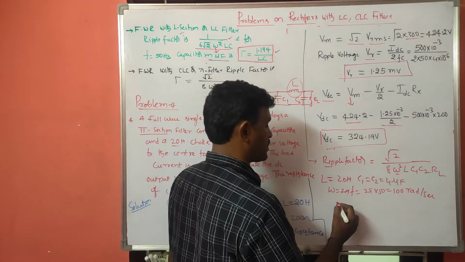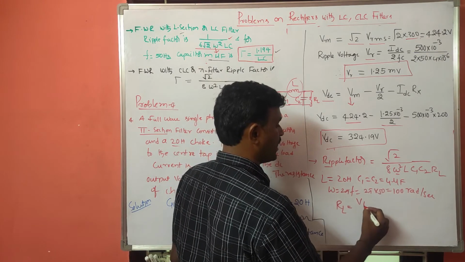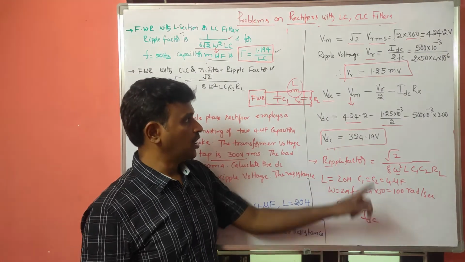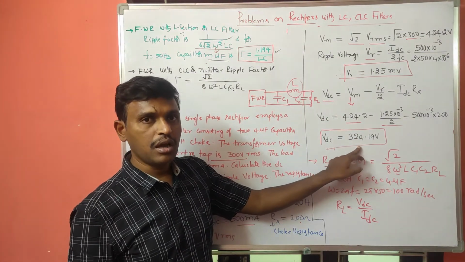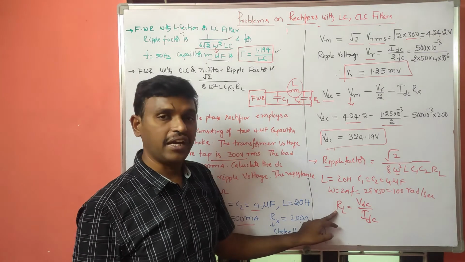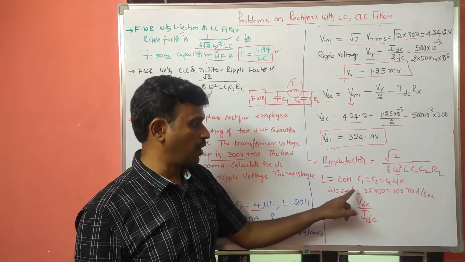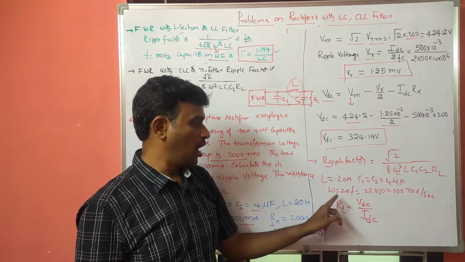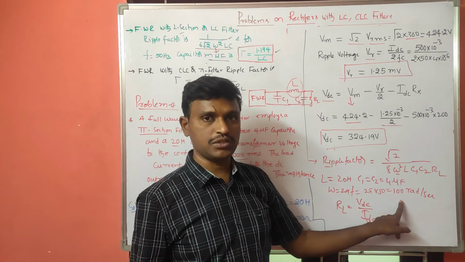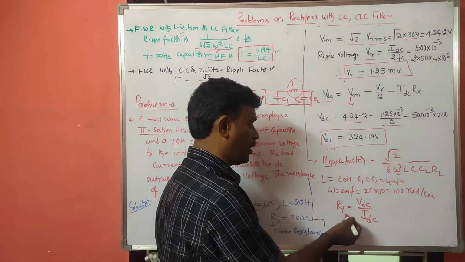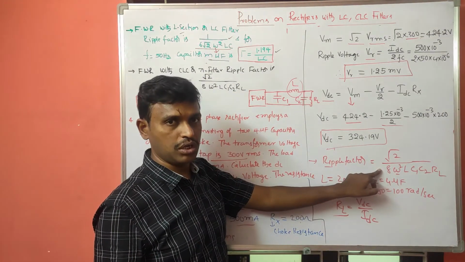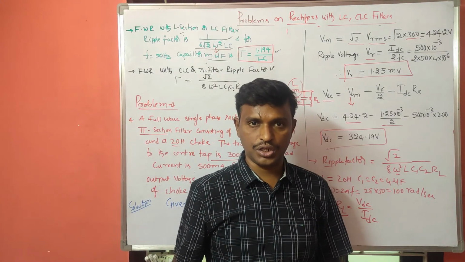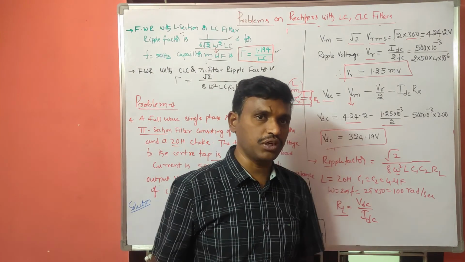RL is equal to VDC by IDC. VDC we have already calculated, and IDC is given. If you substitute all these values, that is L equal to 20 Henry, C1 C2 equal to 4 microfarad, omega, and the calculated RL in this equation, the resultant value is the ripple factor. So that is the extension for this problem.